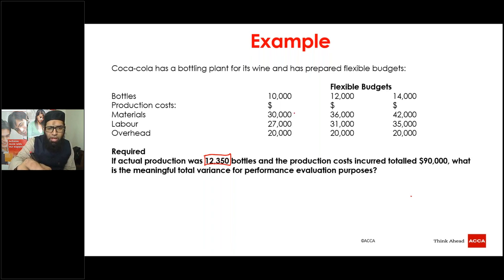First of all, we will identify the behavior of each cost. Let's see the simple one, which is the overheads. We can clearly see that as the activity level changes, there is no change in the total cost of fixed overheads. So this is a fixed cost.